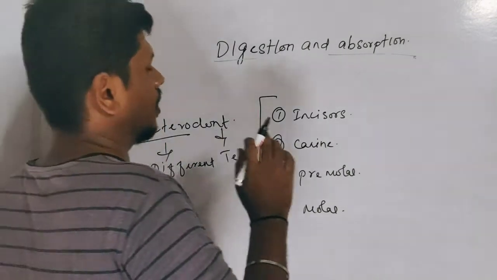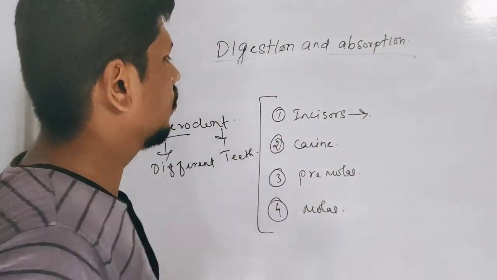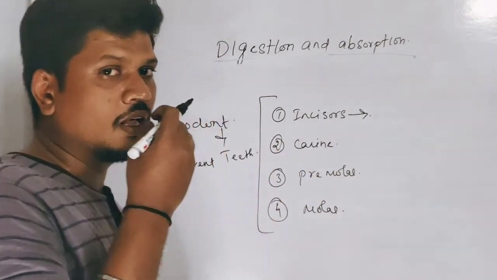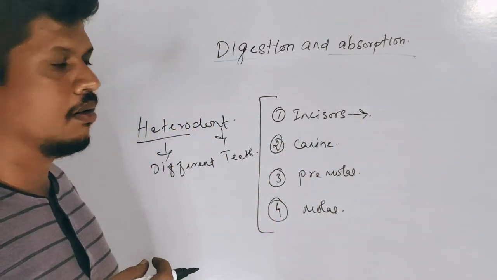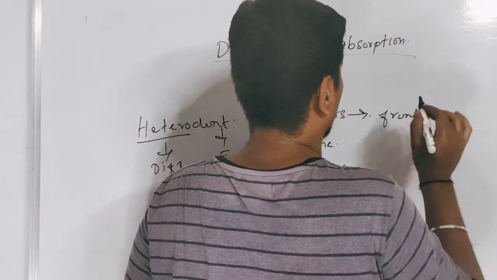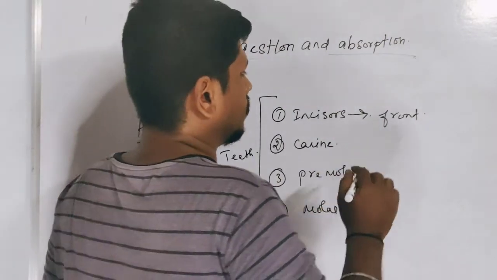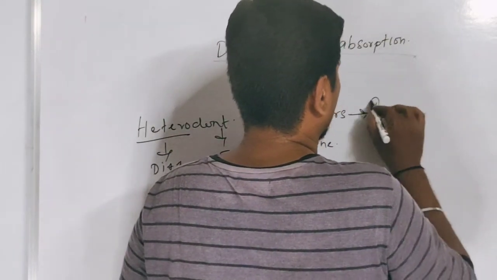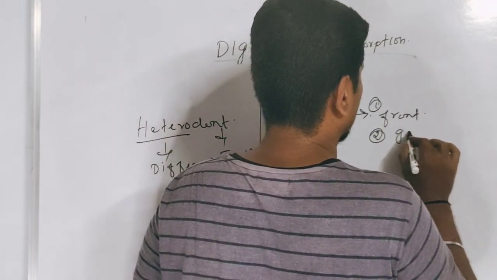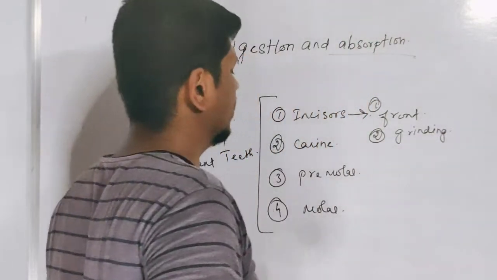Clear? Okay. Now some important points related to all the four teeth, right? Incisors. Where are they located? Especially in front of our mouth, right? Front. What is the purpose of it? It is responsible for grinding. Clear?